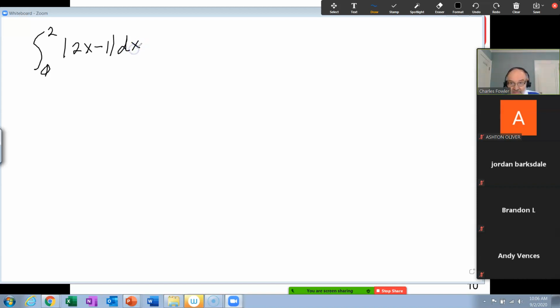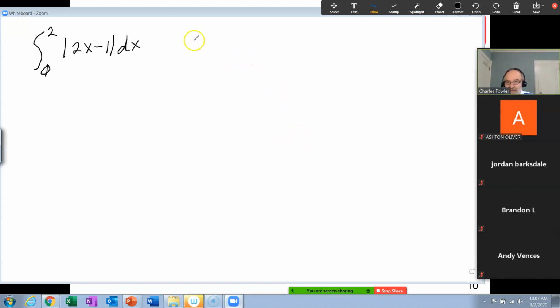Boy, they jump right in with this one, don't they? Now, what we have to do here is identify that function inside, because it is a continuous function, so we can integrate it, but it's not a smooth function. So this is not going to be something particularly easy to do.